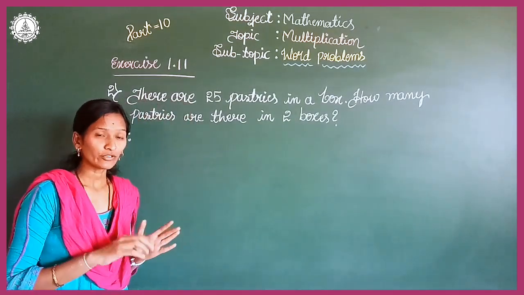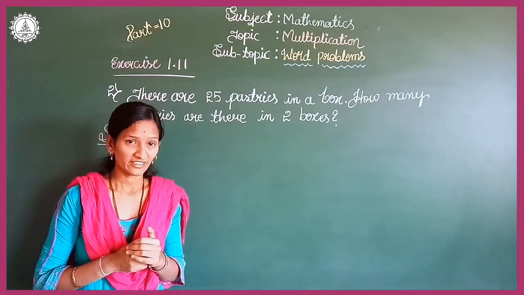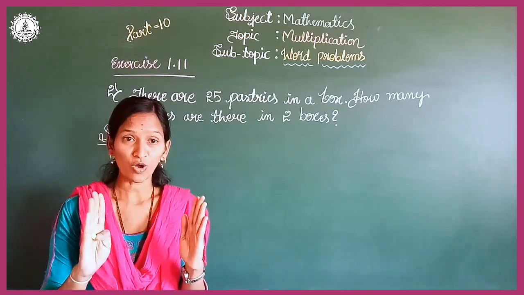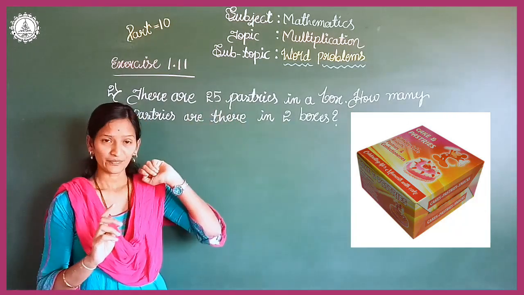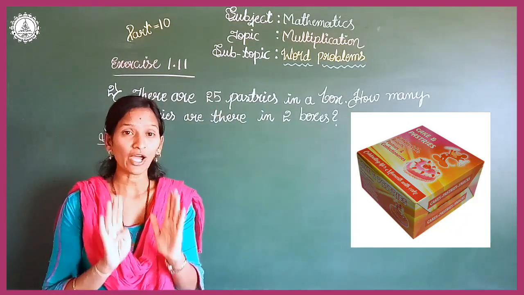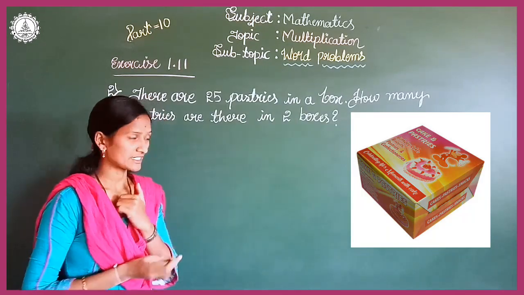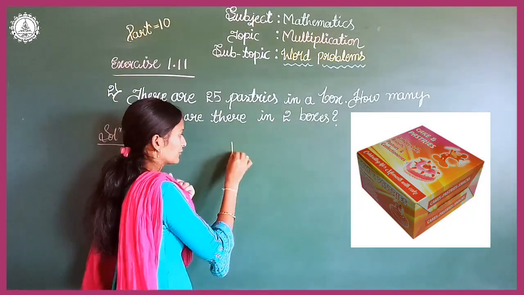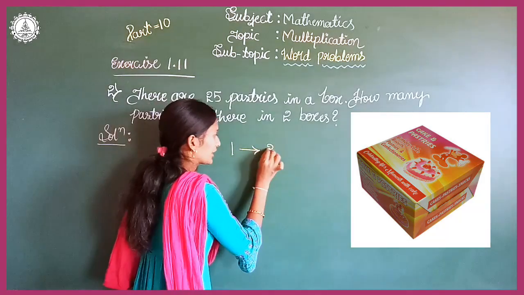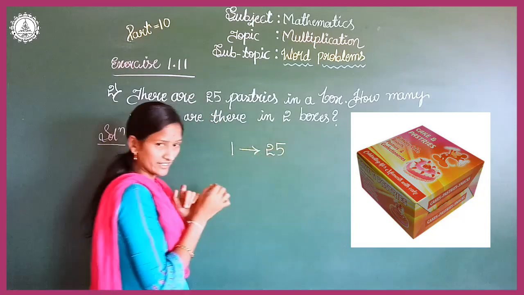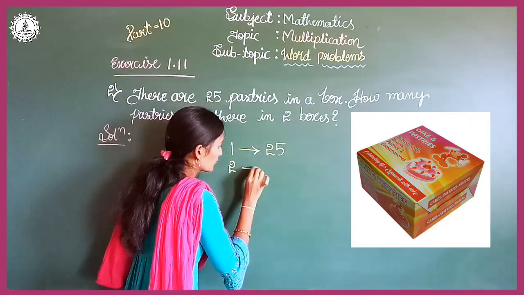So first of all, what is a pastry? Yes, already you know it is an ice cake, right? So in one box, the total number of pastries is 25, right? So here you have to find out for 2 boxes.